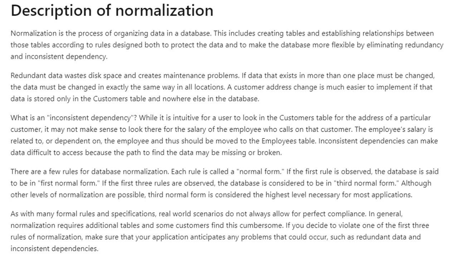First normal form: eliminate repeating groups in individual tables. Create a separate table for each set of related data and identify each set of related data with a primary key.